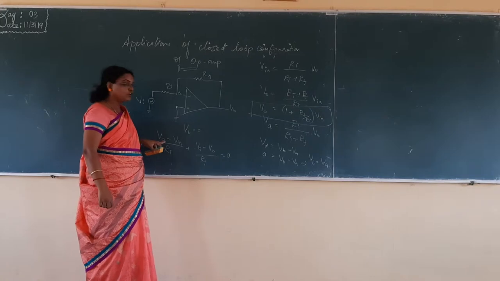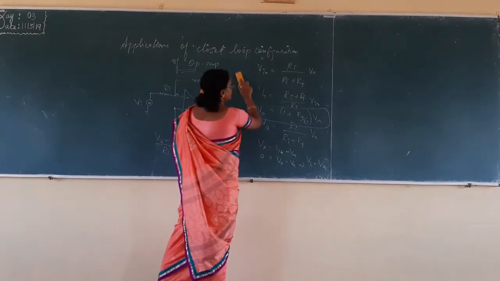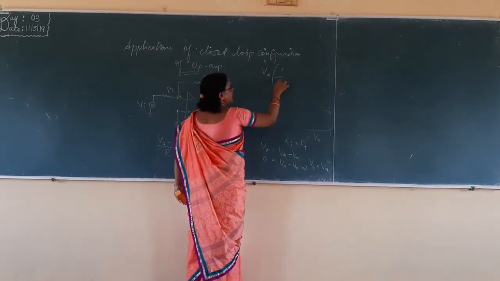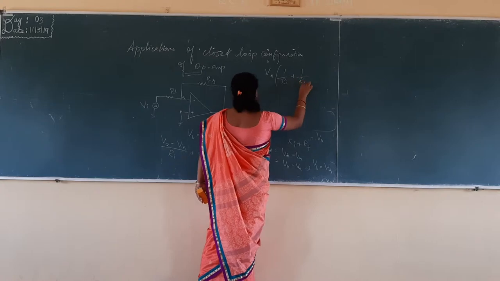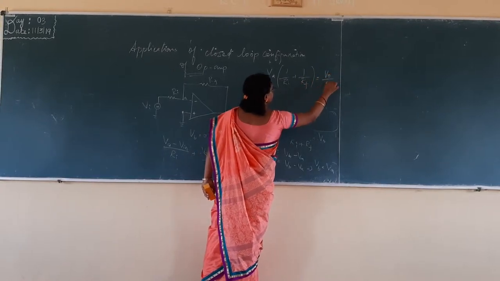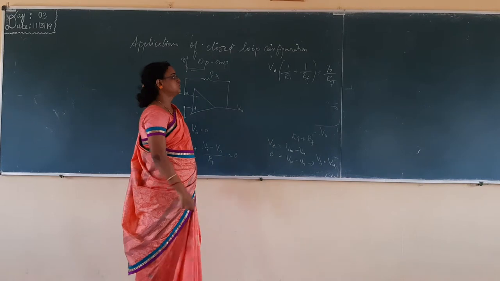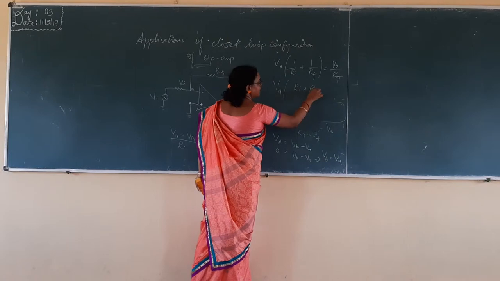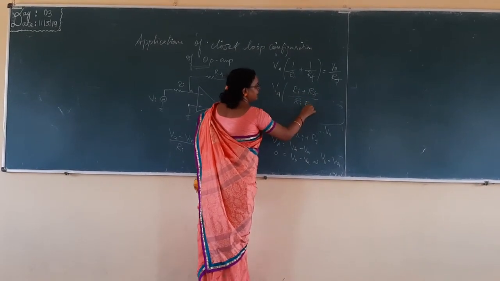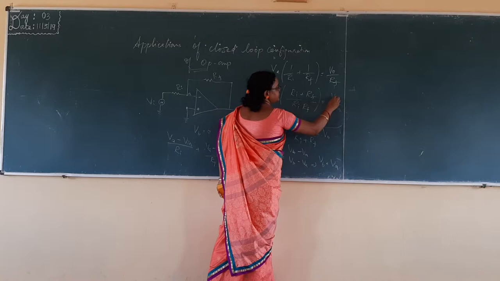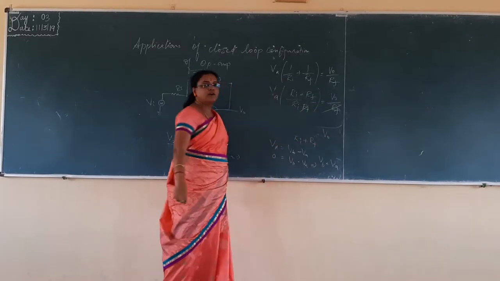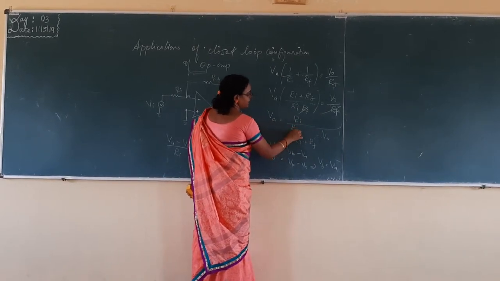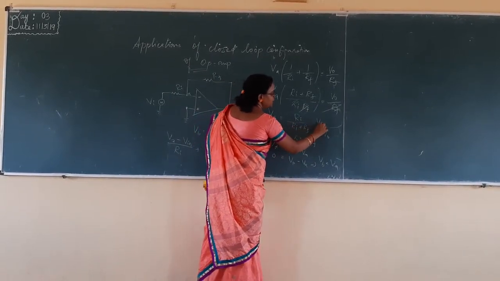Now taking Va common, we get Va into (1 by Ri plus 1 by Rf) equal to V0 divided by Rf, as in the previous case. So we get (Ri plus Rf) divided by (Ri into Rf) on this side, and V0 divided by Rf on the other. Cancelling out the Rf terms, we get Va is equal to Ri divided by (Ri plus Rf) into V0.